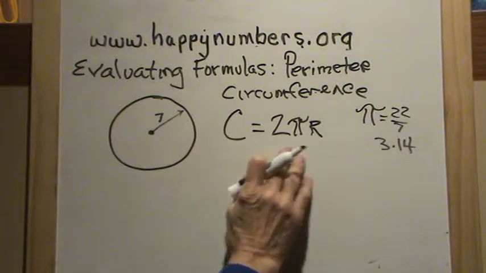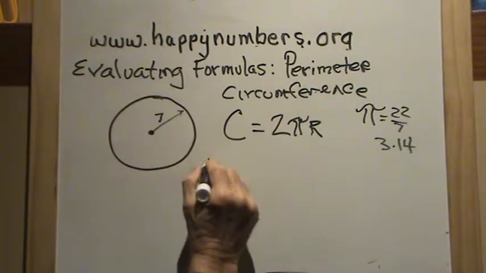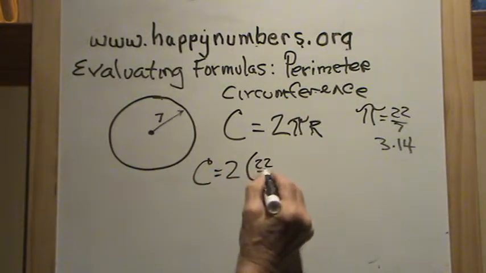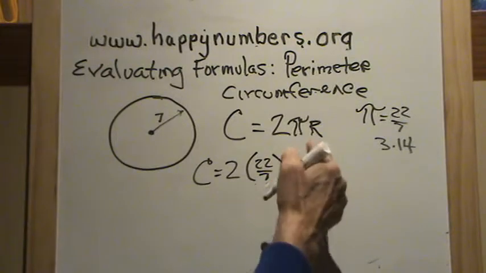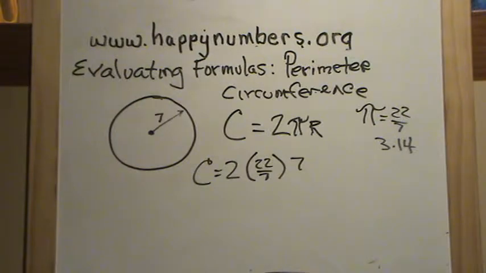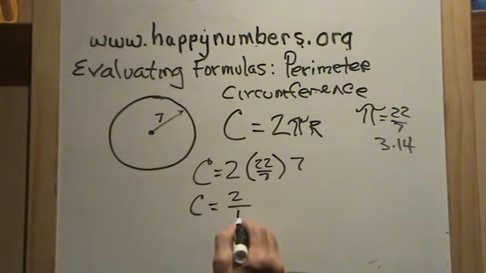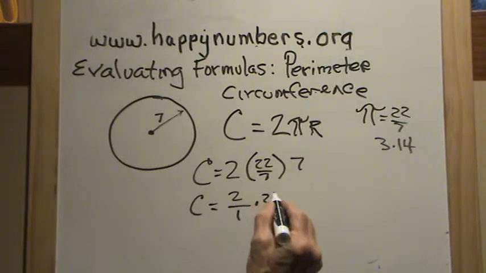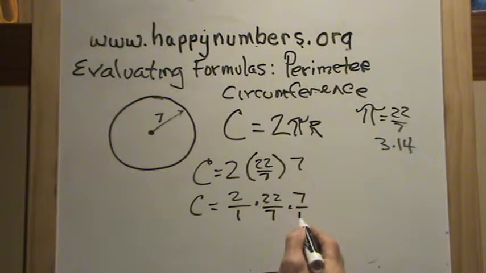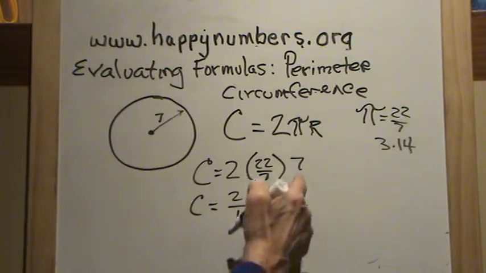Well, all we have to do is substitute what we know into our formula. The circumference is equal to 2 times 22/7, which is pi, times the radius. Well, the radius is 7. And I can rewrite this as 2 over 1 times 22/7 times 7 over 1, because 2 over 1 is the same thing as 2, and 7 over 1 is the same thing as 7.